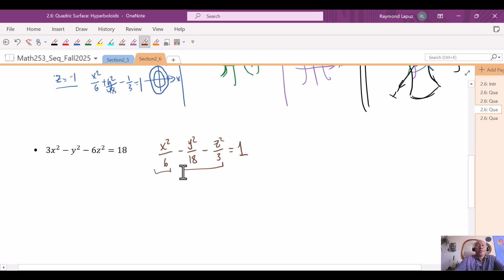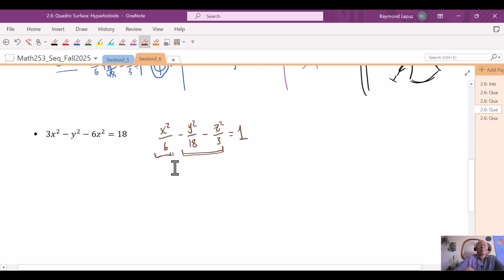So we have two of the same signs that have the variables y and z, and then we have a positive sign for the x. And so that x variable with a positive sign will be the orientation, how this is going to be shaped, or how this is going to be opening up. So it's going to be opening up towards the positive and negative x-axis. And so that's one of the things that we can gather from this information.